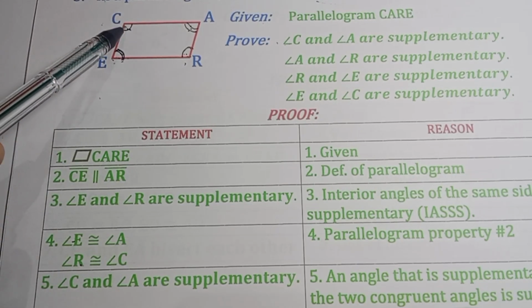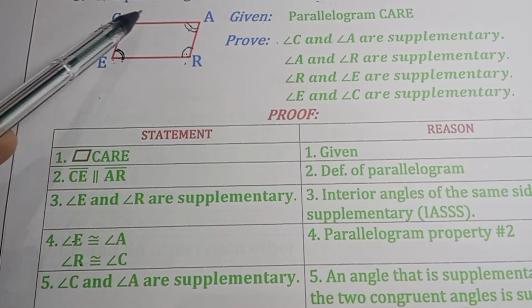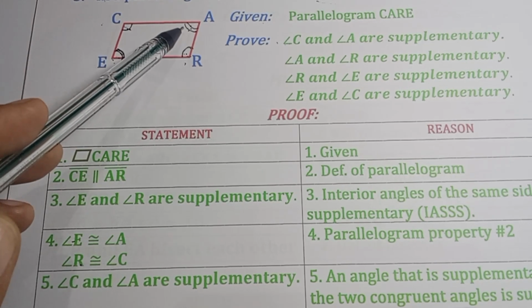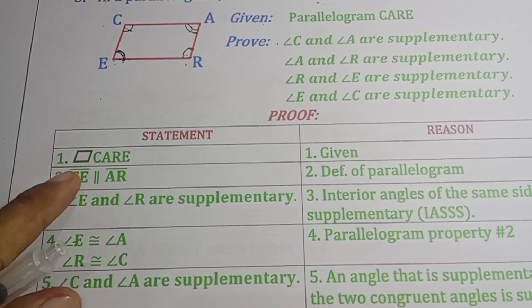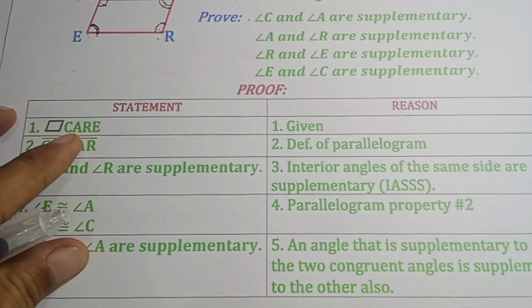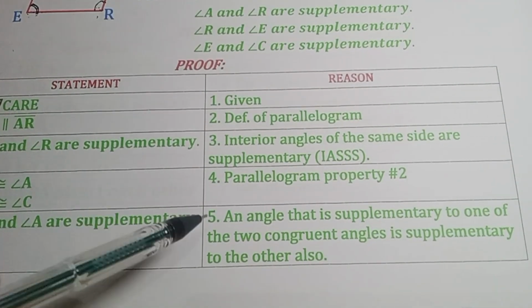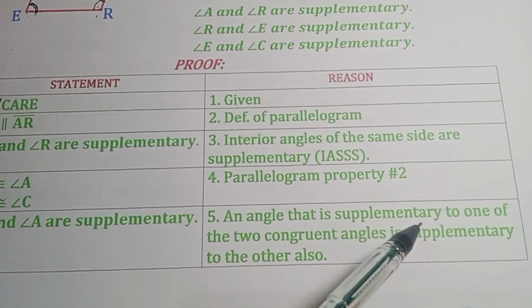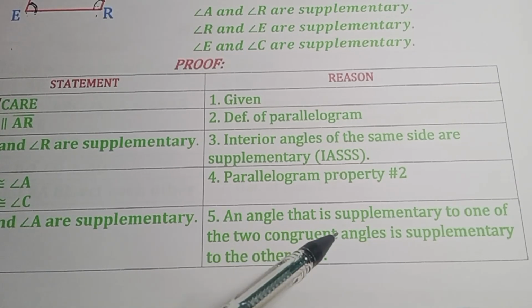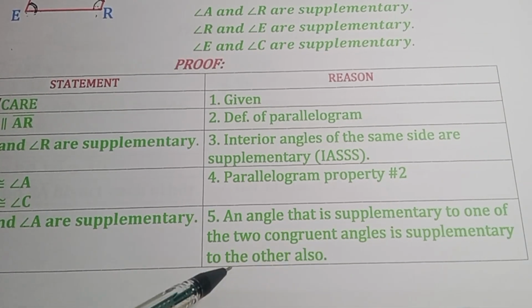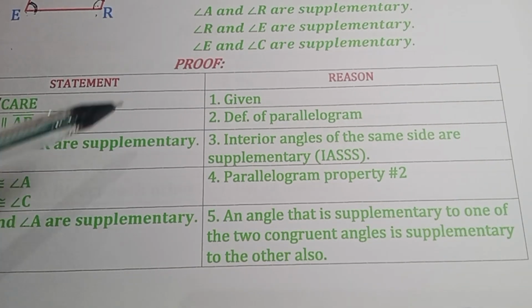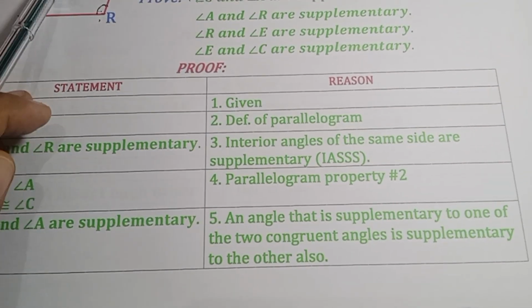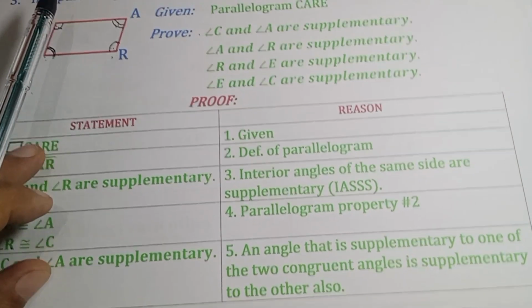Therefore, we can say that angle C and angle A are also supplementary. So the reason is: an angle that is supplementary to one of the two congruent angles is supplementary to the other also. Okay, so we are able to prove the first statement to be proven.